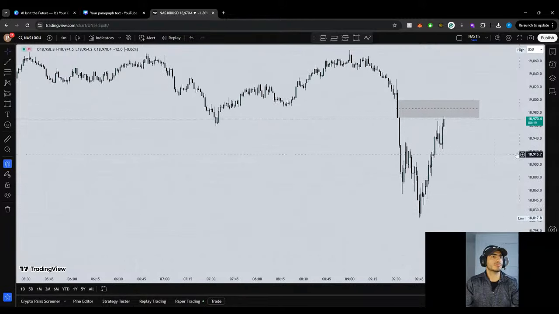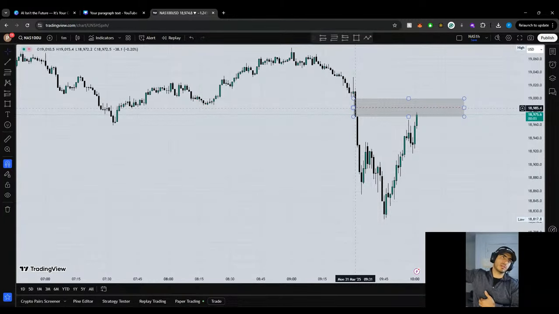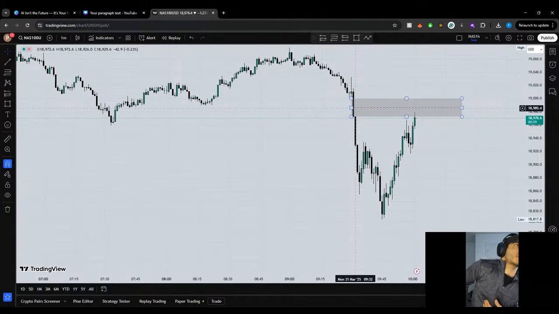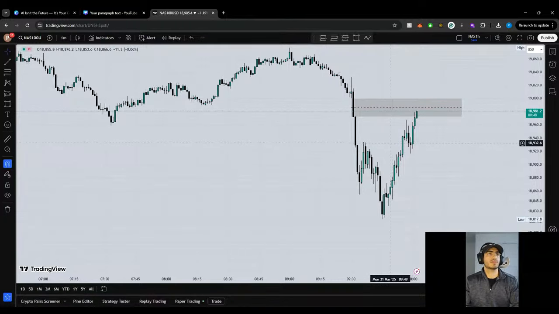Okay. Let's see how it's going to react in this. It's the last city after the first city after the open. Let's see.